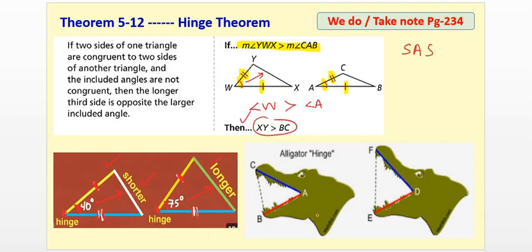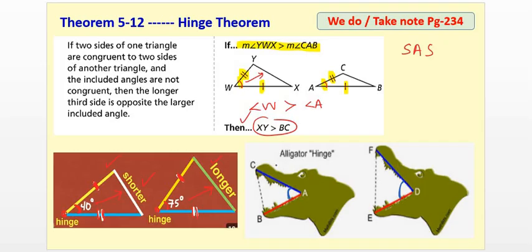Sometimes we explain this theorem with the help of the alligator hinge. If you look at these two triangles, this one ABC and this one DEF, when the alligator opens its mouth very wide to grab a big piece of food, then this angle is greater, and when it opens its mouth less, then this angle is smaller.